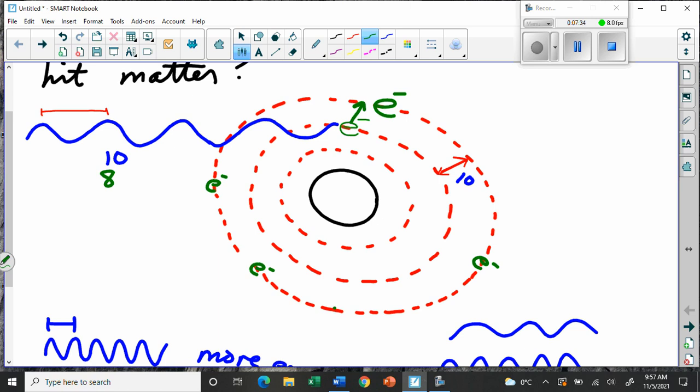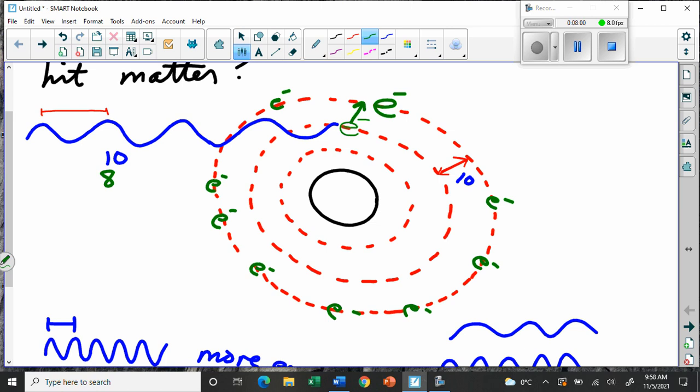But I could draw 8 electrons. 1, 2, 3, 4, 5, 6, 7, 8. Well, those electrons are already in that energy level, and when he gets bumped up to that energy level, they all look at him and say, "What are you doing here? This is full, get out." There's too much energy now, right? There's too much going on here.